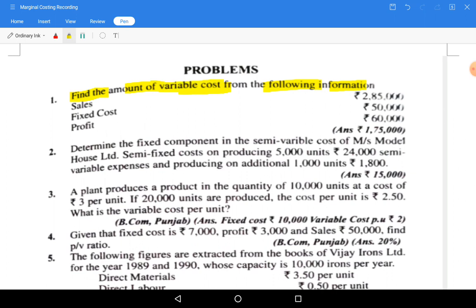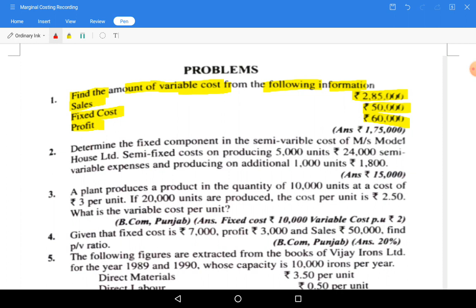Sales 2,85,000, fixed cost 50,000, and profit 60,000 are given. Just think in which formula you will get variable cost.